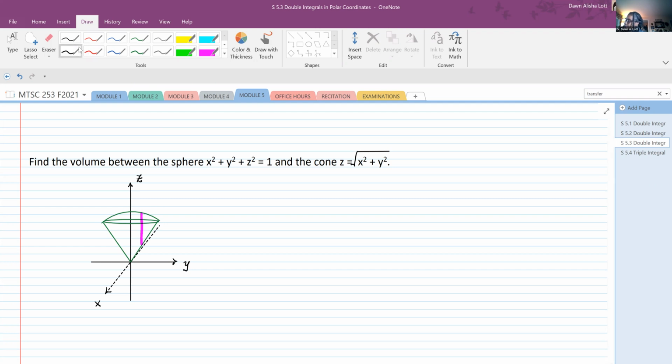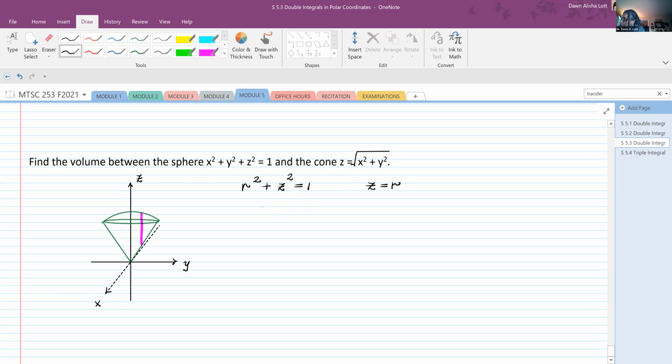So z top is the square root of, so obviously because everything has x squared plus y squared in it, I'm going to switch over to polar. So now I have r squared plus z squared is 1, and z is equal to r.